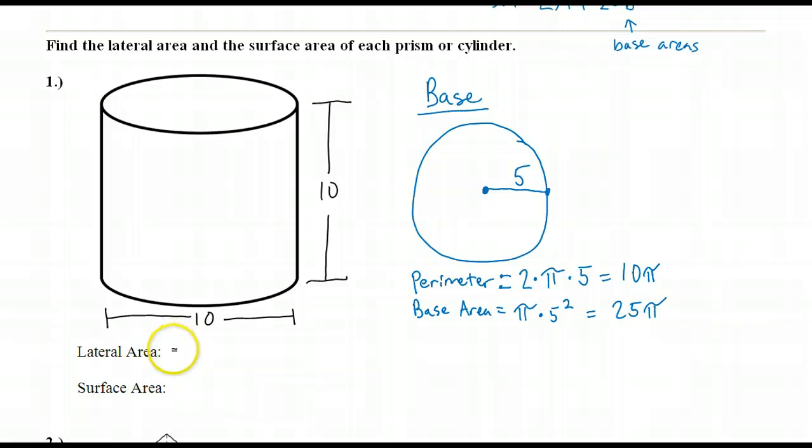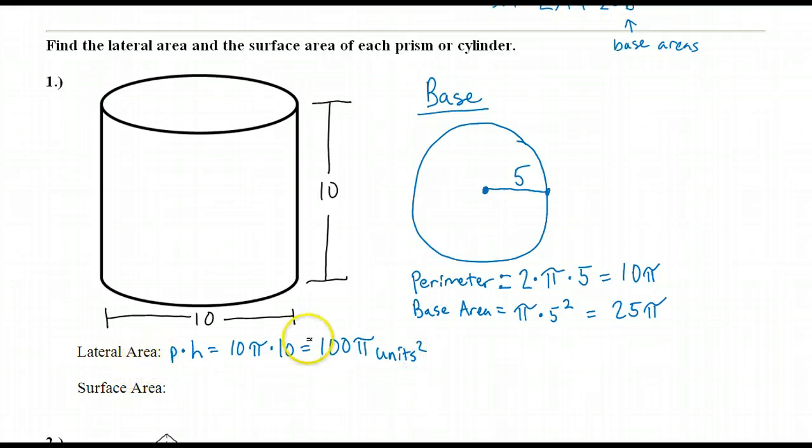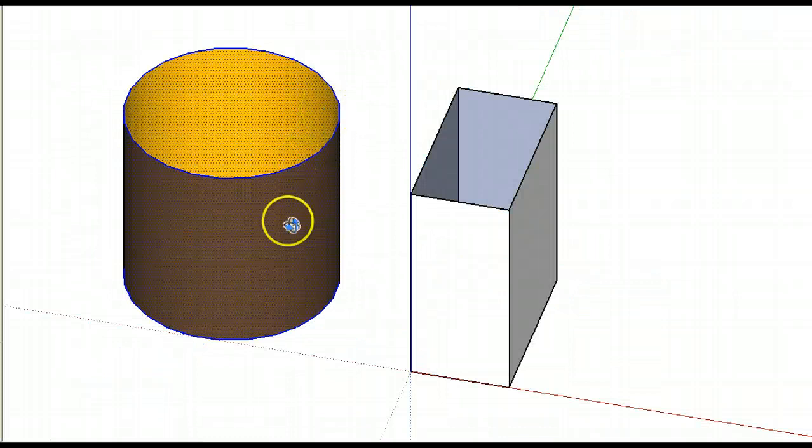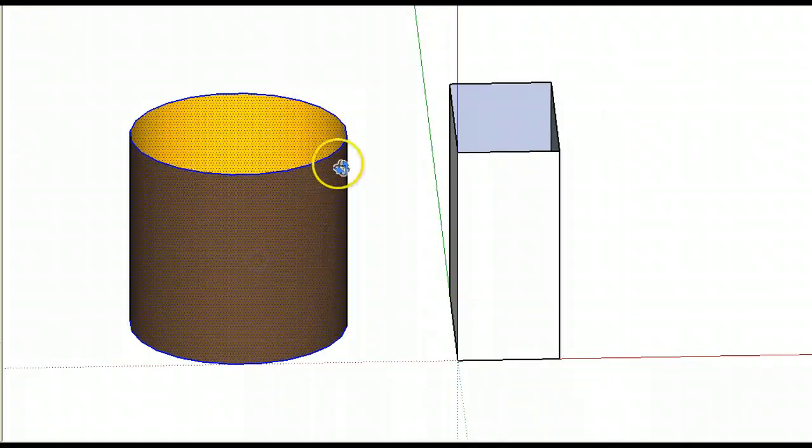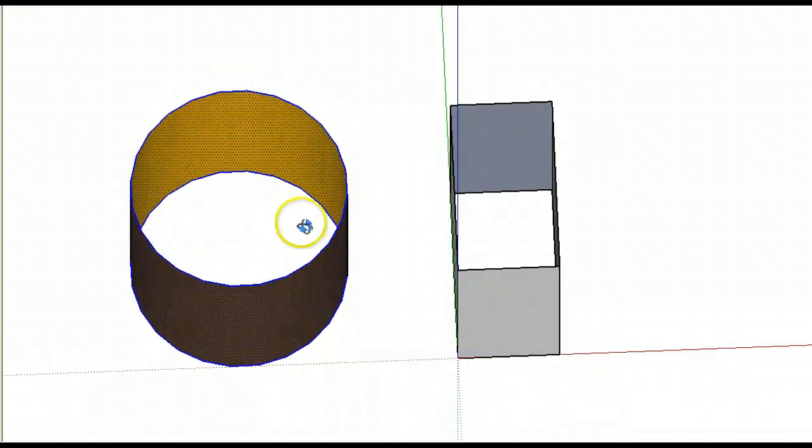So my lateral area is going to be the perimeter of my base times the height of my prism, which is going to be 10 pi times the height of my prism is 10, which simplifies down to 100 pi, and that's going to be in units squared because I'm talking about area. This cylinder has a lateral area of 100 pi. The area of just the sides of this cylinder is 100 pi.